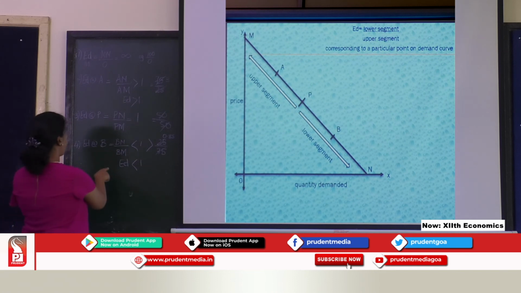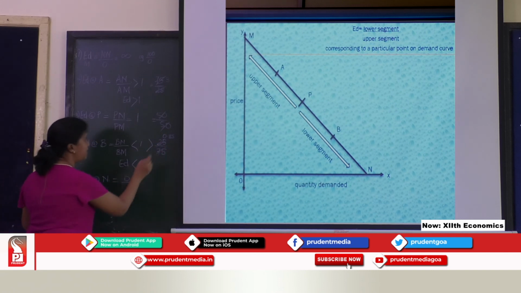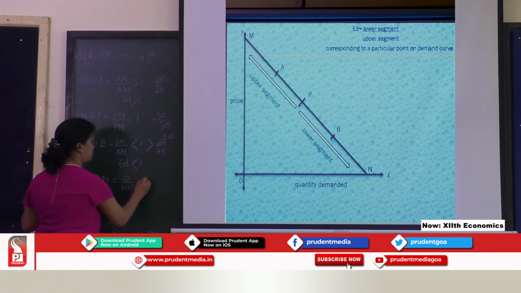Similarly, the fifth and the last point, ED at point N. What is the lower segment? There is no lower segment, so we take it as 0. What is the upper segment? NM. So we know that 0 divided by any number gives us 0.